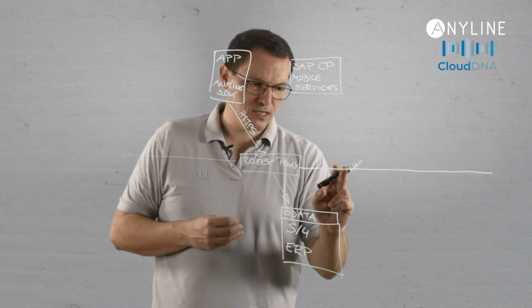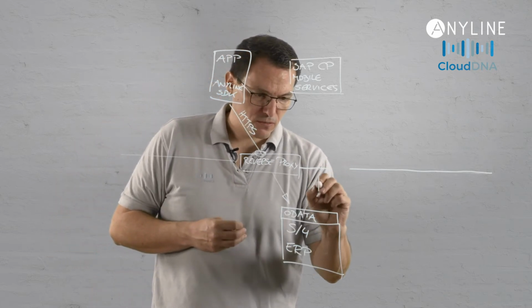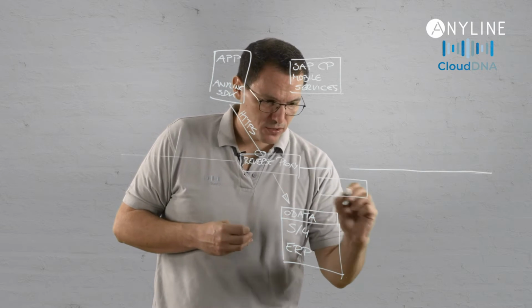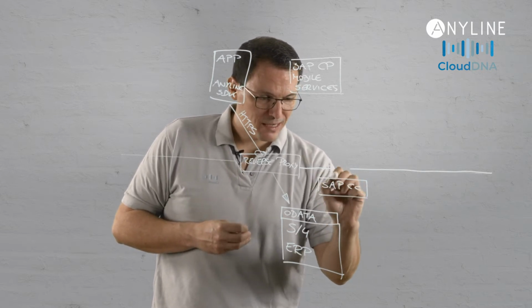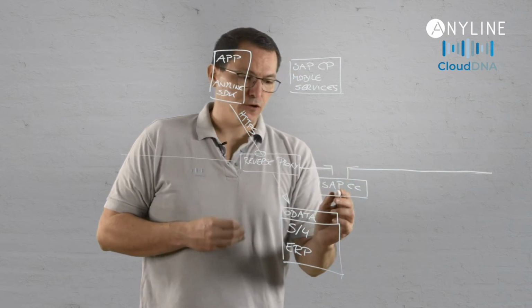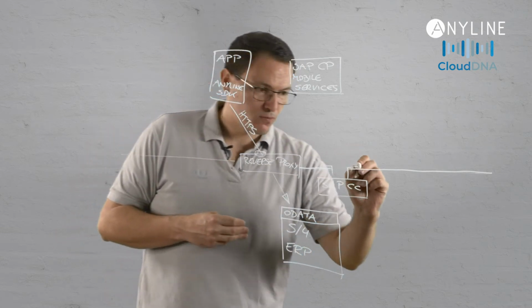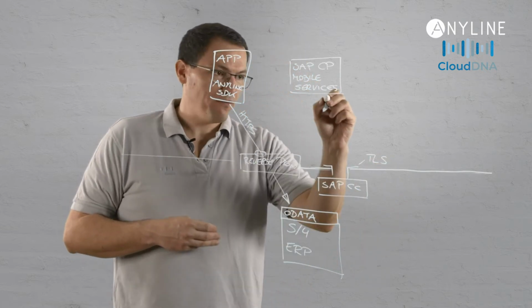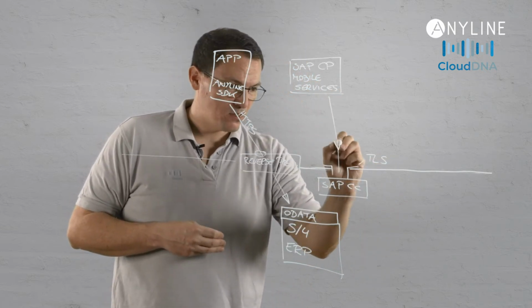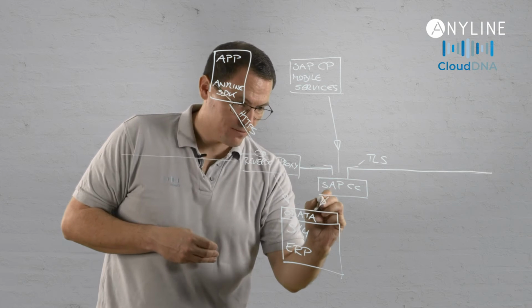This can be done very easily, because here you install a component called SAP Cloud Connector. The SAP Cloud Connector opens a TLS tunnel from your on-premise system to the SAP Cloud Platform. So here we have a TLS tunnel, and the traffic is routed via this TLS tunnel to your on-premise system.